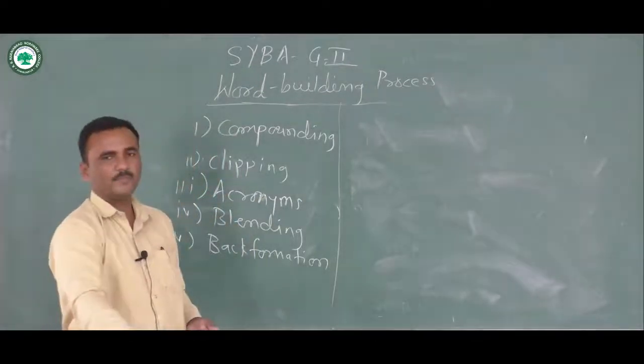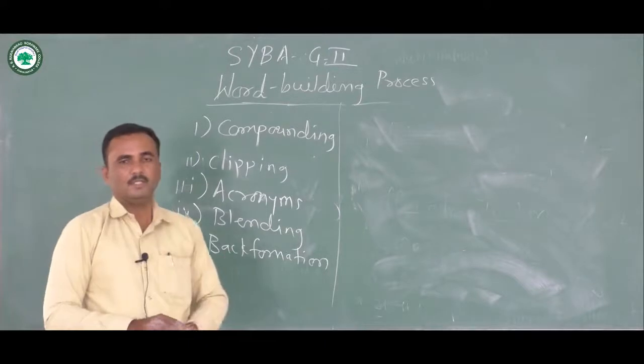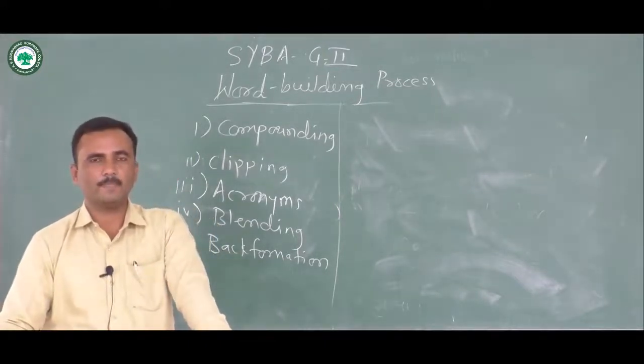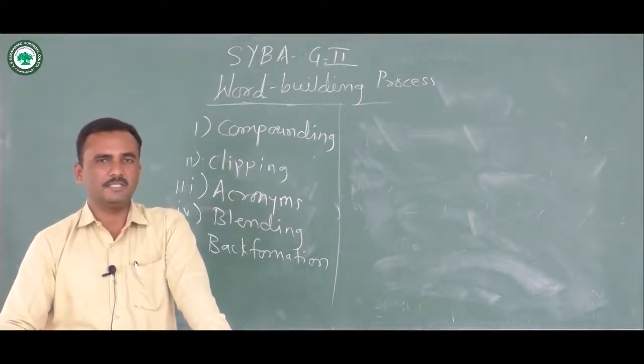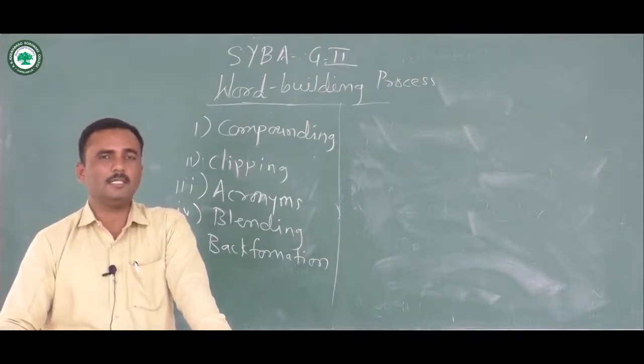The next process of formation of words is back formation. In the process of back formation, the class or the category of the word is changed. It means a noun can be converted into a verb by deleting some part of the word.